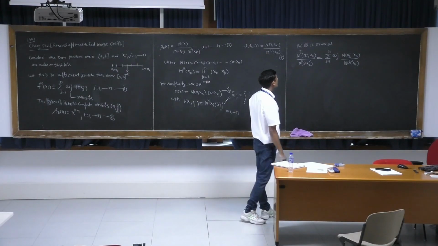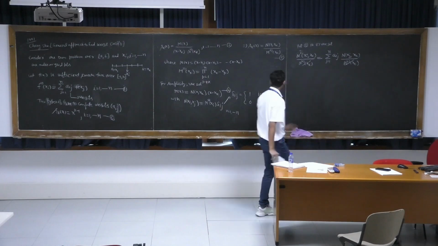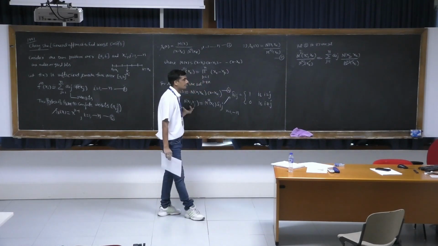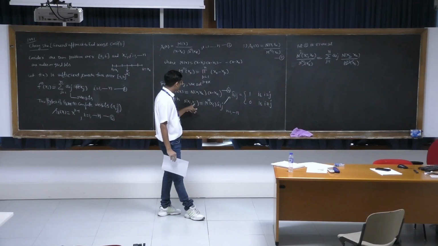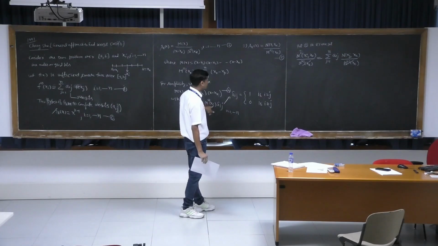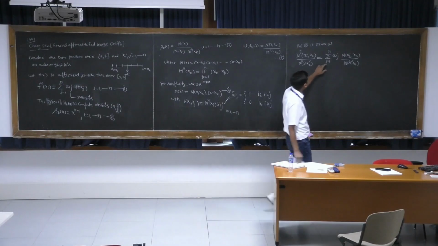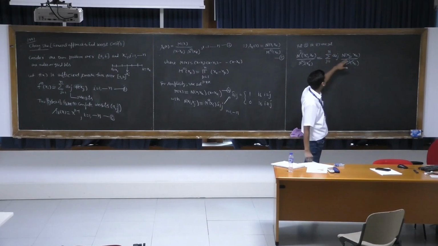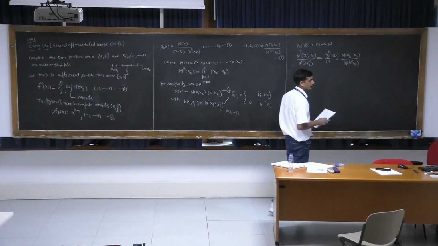Now see the properties of this capital N. When these two indices i and j are equal, its value is just M1 of xi, otherwise 0. So when j runs from 1 to n and k becomes j, in that case its value is 1, otherwise it becomes 0.